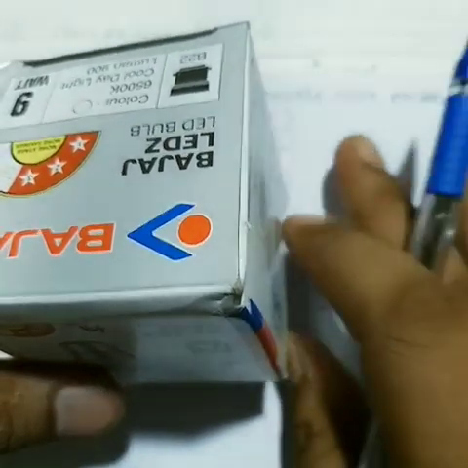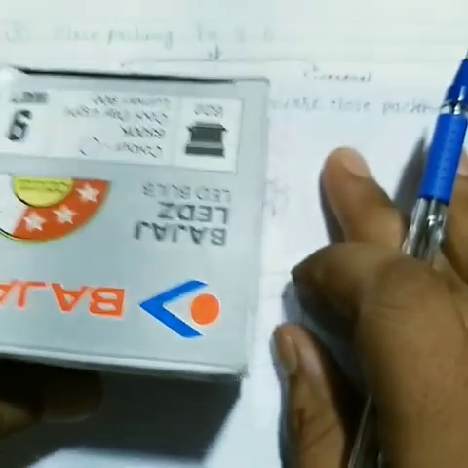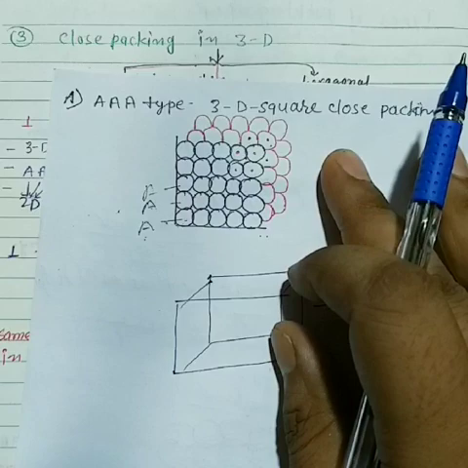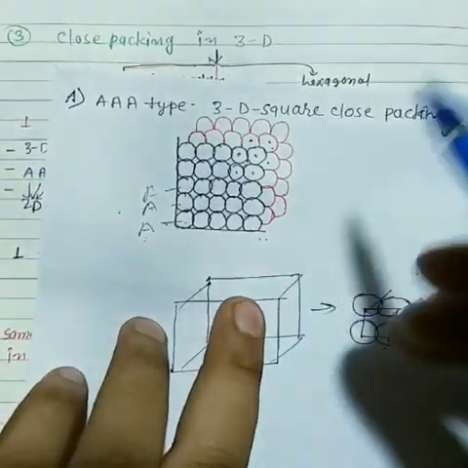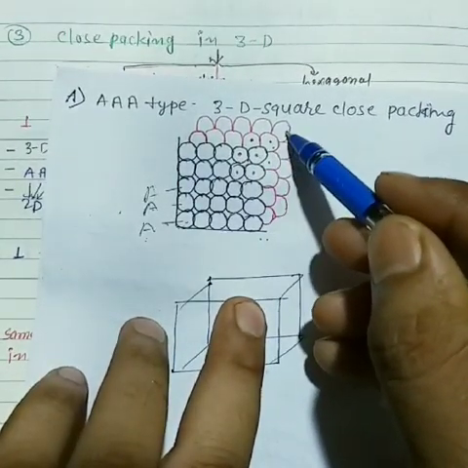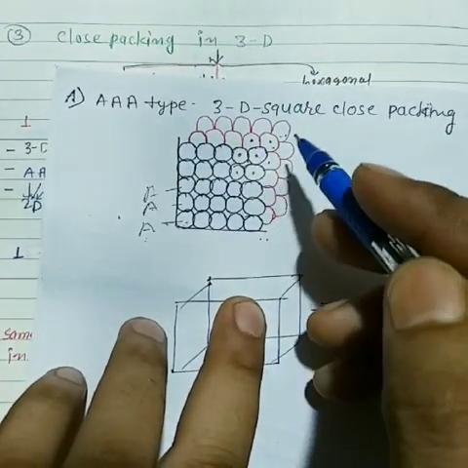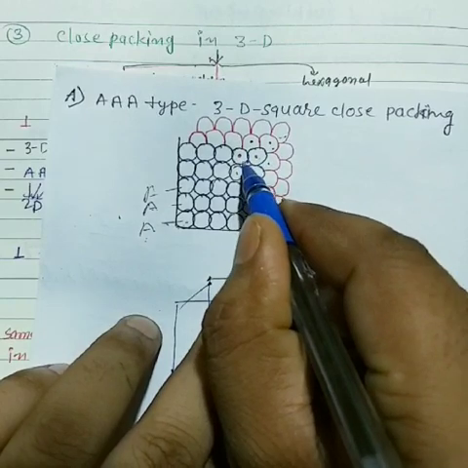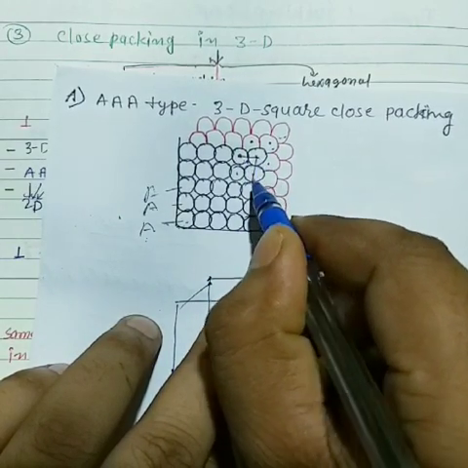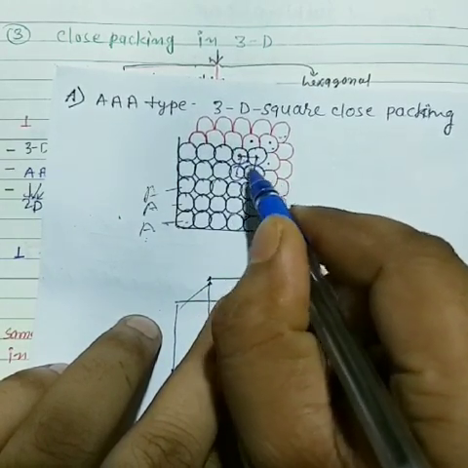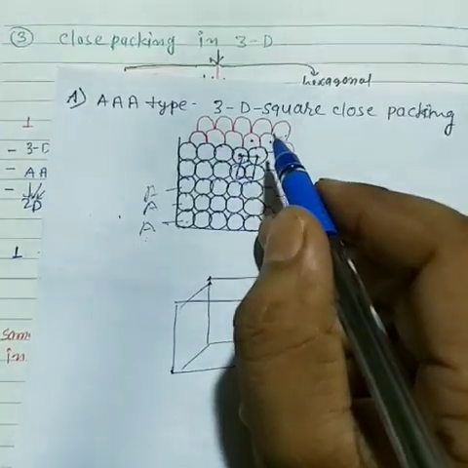It is very important, that means they are extending along the height. So it is three dimensional. So what you have to do students, you can first draw a crystal. Now see, I can use a different color.